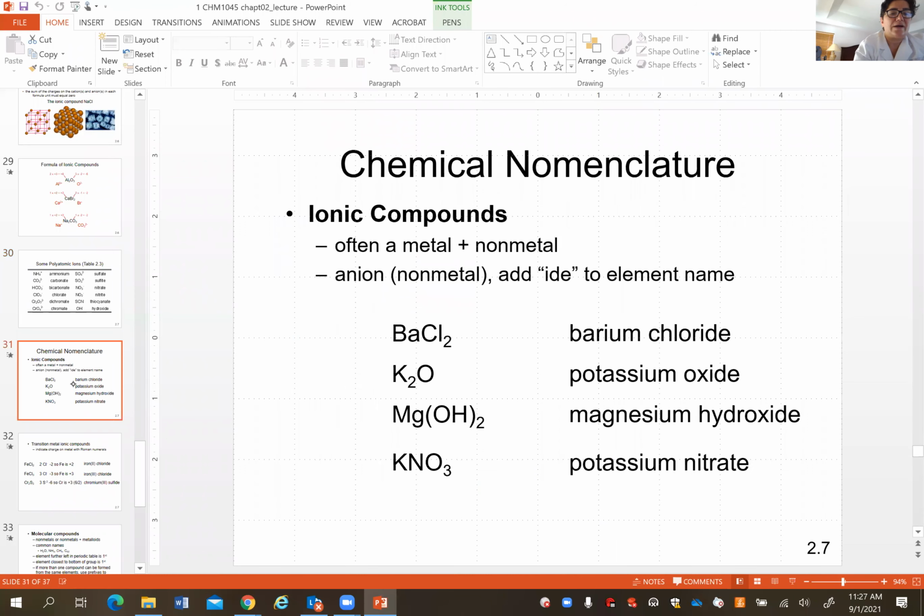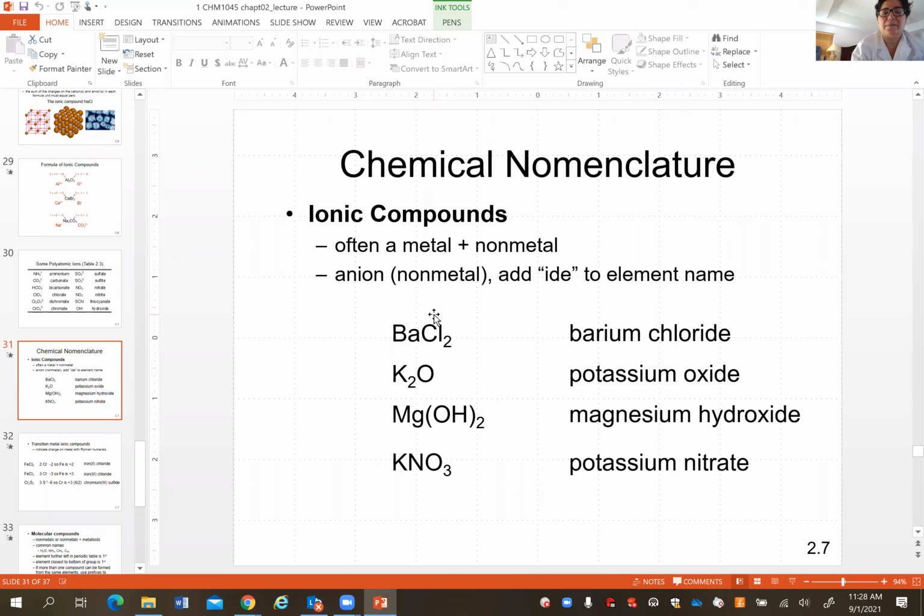And then if the name is given, you want to write the formula. How you're going to write the formula if the name is given. So if the formula is given, you write the name. If the name is given, you write the formula.